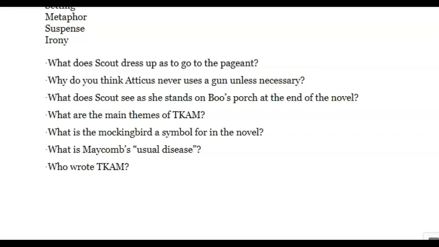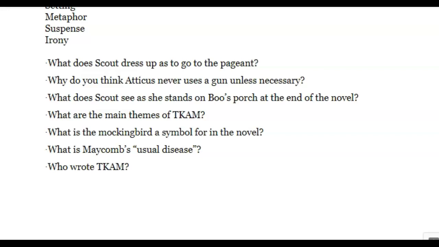What are the main themes of To Kill a Mockingbird? Oh man, don't judge people is a really good theme. You never really understand a person until you consider things from their point of view. Until you get in their shoes and walk around in them. That's a great theme. What is the mockingbird a symbol for in the novel? It is a symbol for innocence.